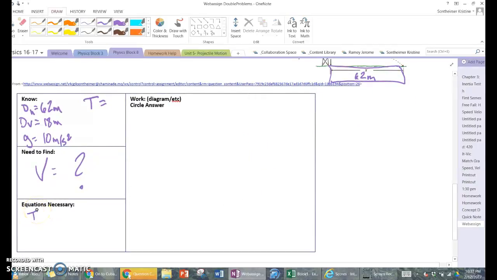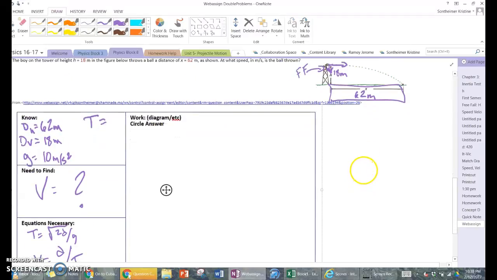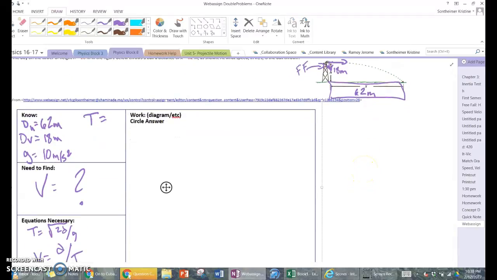I want to figure out how much time it took to fall 18 meters. 2d divided by g. And velocity is distance divided by time. Remember, I can just use bits and pieces of the information.